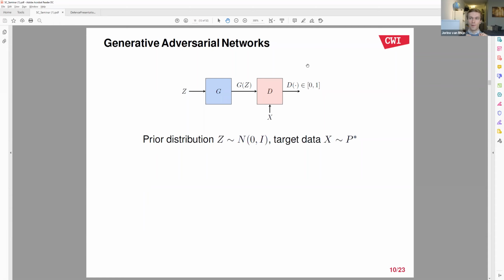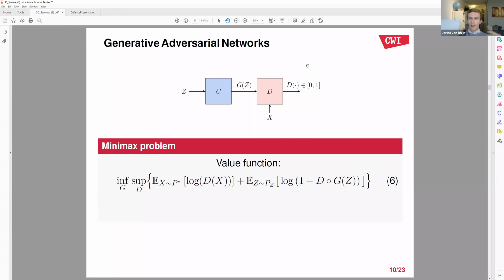It is trained by alternatingly giving it samples from the generator and samples from the real data set X. A score close to 0 means that it thinks the value was fake, so from the generator, and closer to 1 means that it thinks it is coming from the real data set. And if it's near 1/2, then it's not sure. Then it's basically flipping a coin. I'm anthropomorphizing a little bit, but that's the basic idea.